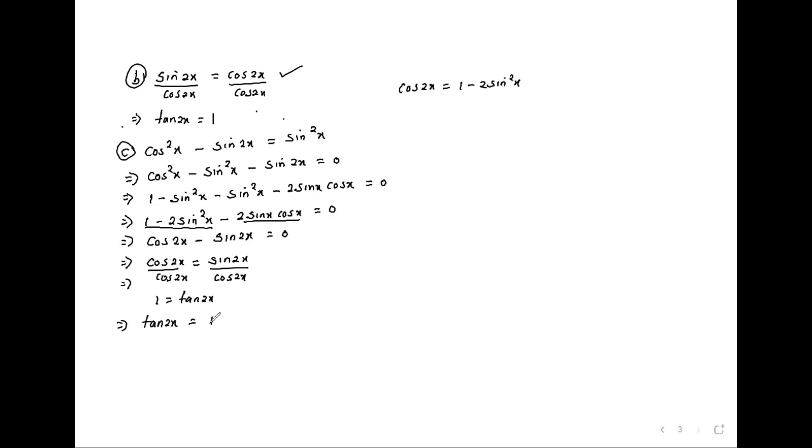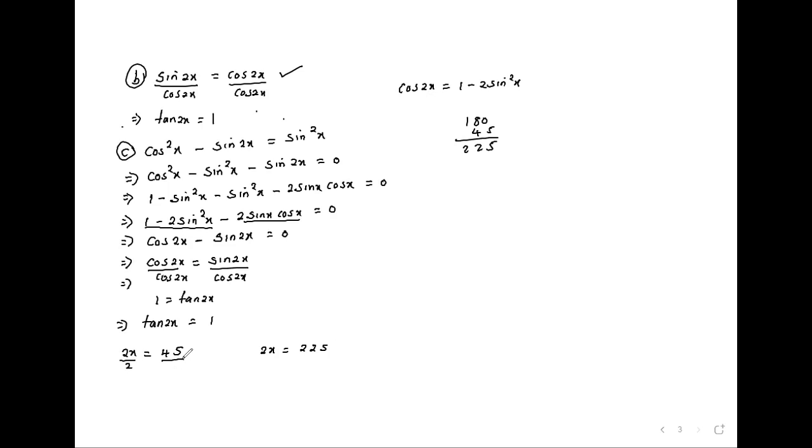So we know that 2x should be equal to 45 because tan 45 is equal to 1. So 2x also should be equal to 45 in the third quadrant where tan is positive. So it would be 180 plus 45. That is 225.